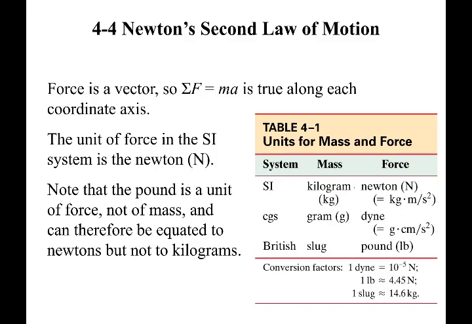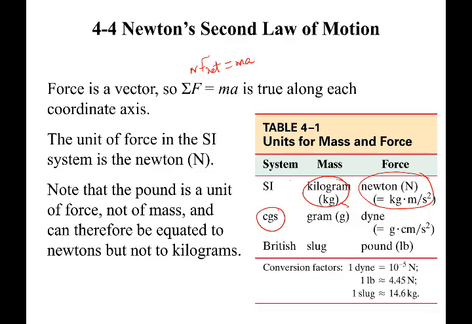So there's a table that talks about the SI units, and since we know that net force is equal to ma, just as I was saying, the SI unit of mass is kilograms, and the SI unit of force is Newton.